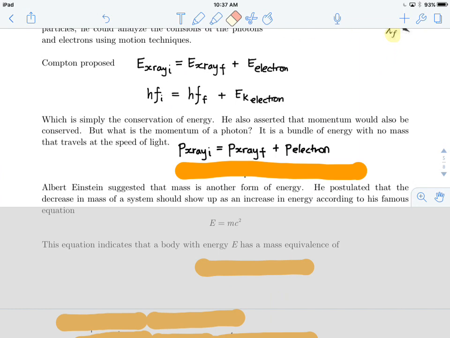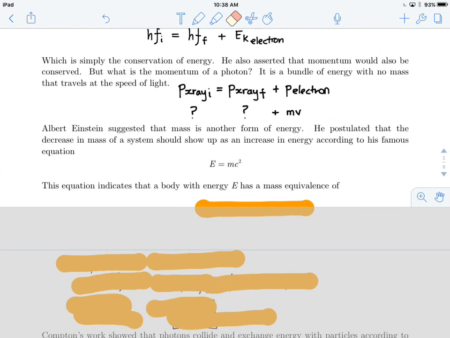But the question then became, what's the momentum of a photon? It doesn't have any mass, and it travels at the speed of light in a vacuum. So how can we quantify the momentum of an X-ray? Around the same time, Einstein suggested that mass was another form of energy, as we see in the special relativity part of this unit.